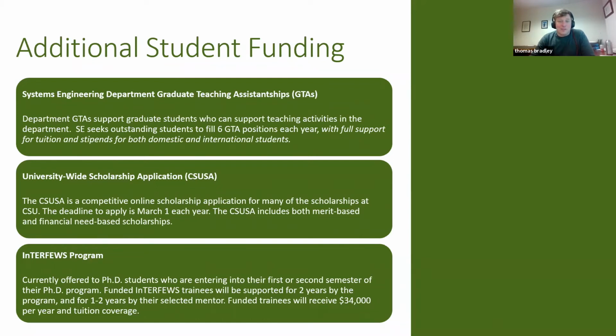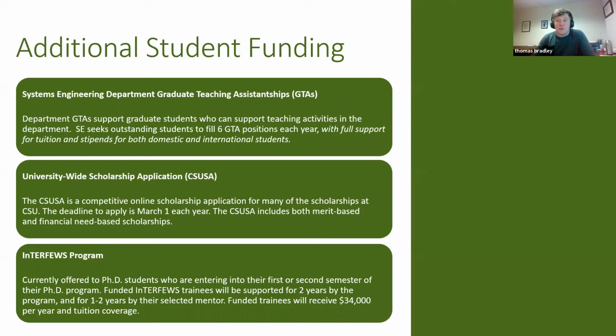I'll just bring up a couple of these key points here, which is that, in addition to graduate research assistants, we do have opportunities for students to also get funding through other mechanisms. The first one that's bullet pointed there is graduate teaching assistantships. And of course, these are TAs for classes.